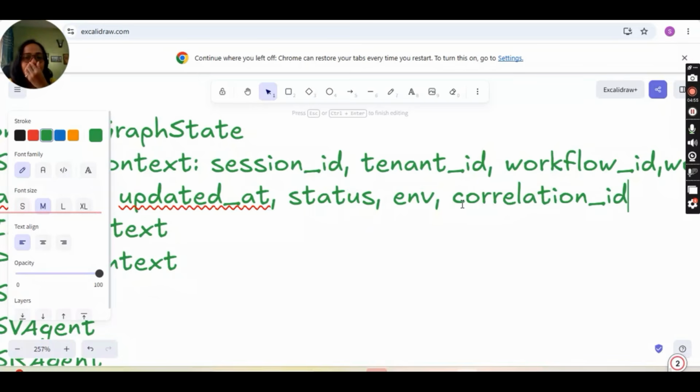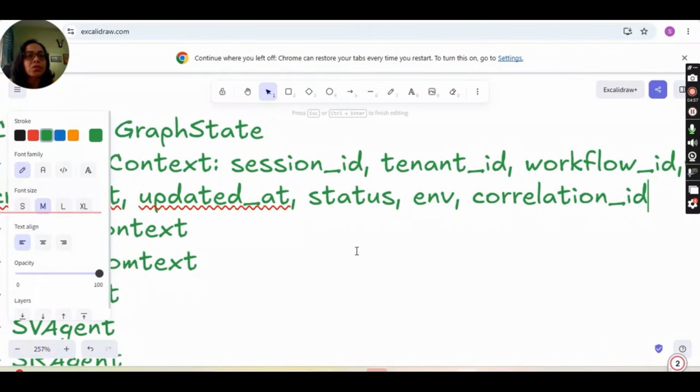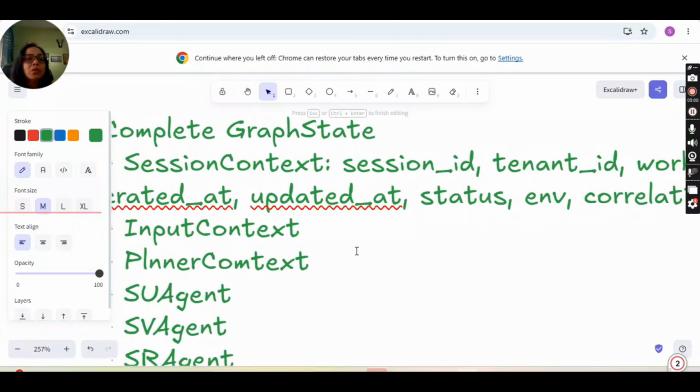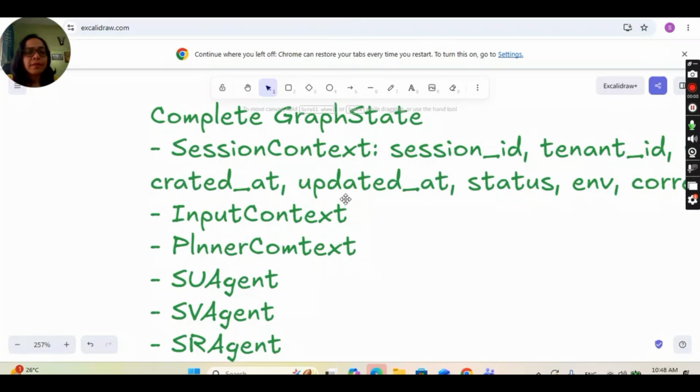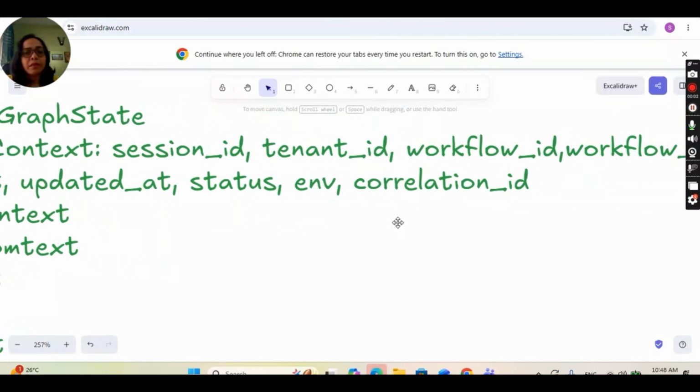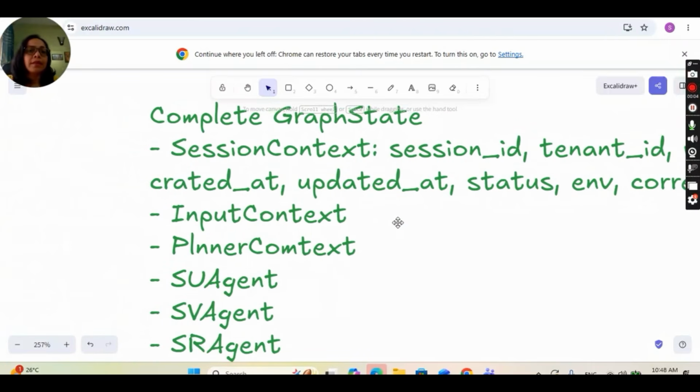Okay, and I have given this only for the context, the session context. Your job is to complete one table with all of these: created at, updated at, status, environment, correlation ID.